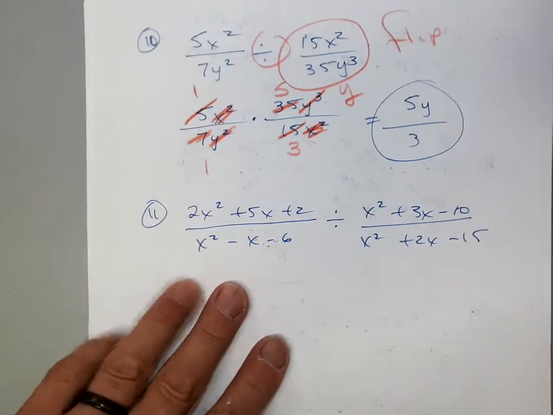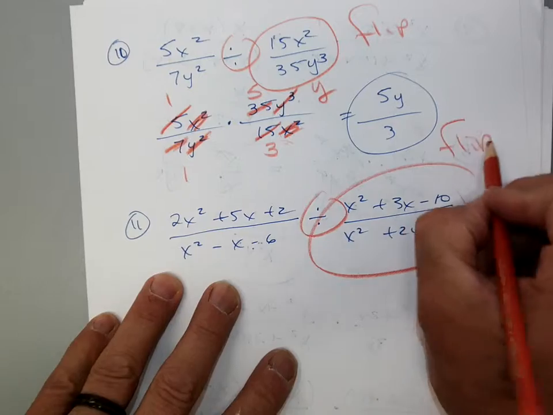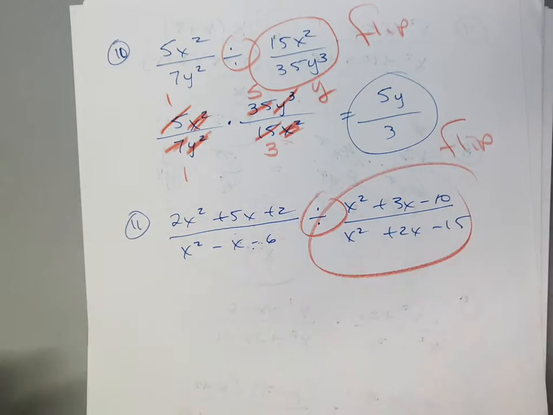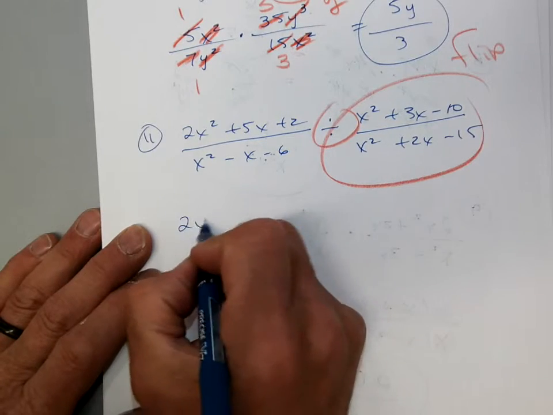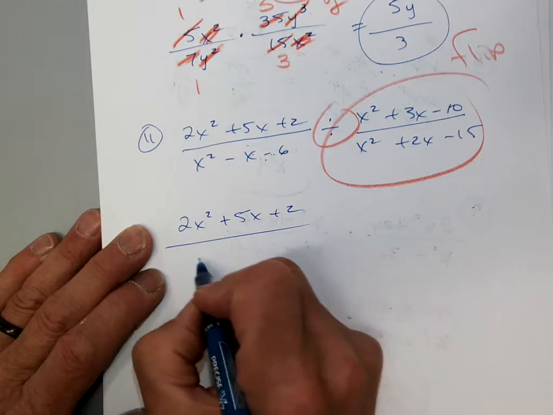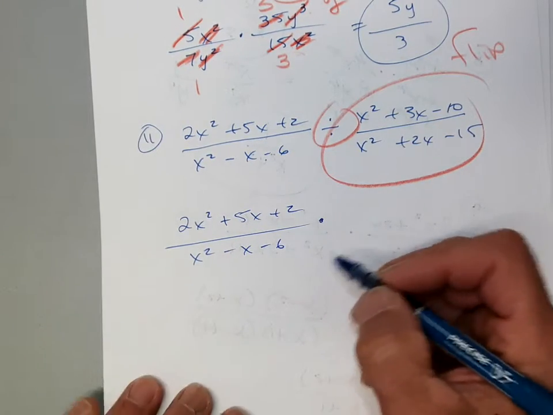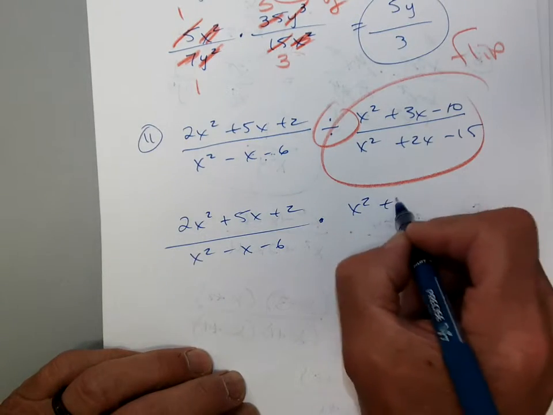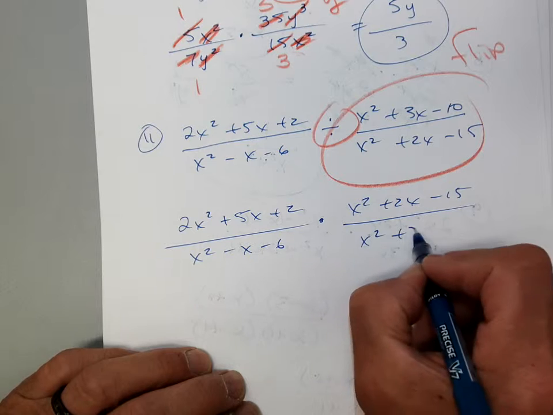So if I'm dividing, I'm going to flip this one. Invert and multiply, that's the math term for it. So let me rewrite this. I'll have 2x squared plus 5x plus 2 over x squared minus x minus 6, times x squared plus 2x minus 15 over x squared plus 3x minus 10.